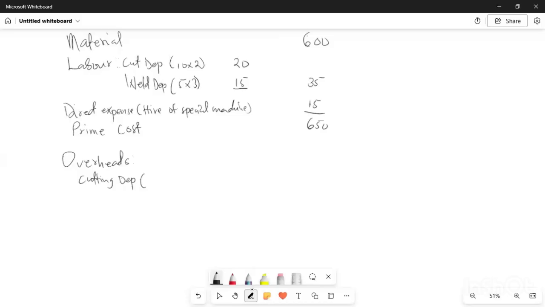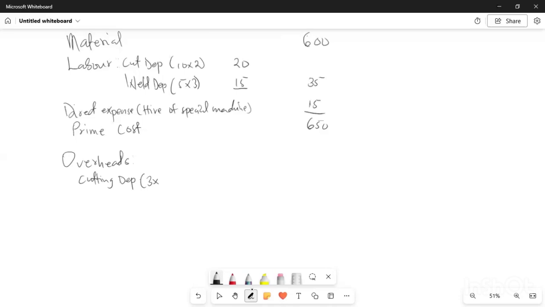In the cutting department, the basis for absorbing overheads is the direct labor hours. So we multiply the absorption rate, which is 3, by the hours spent.